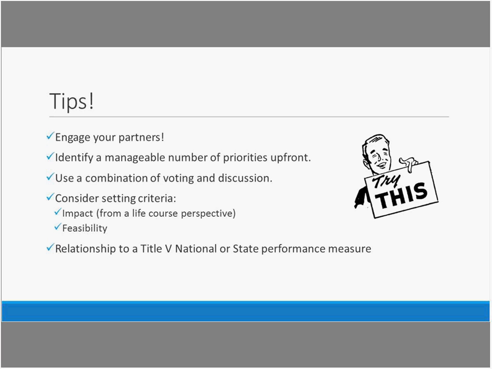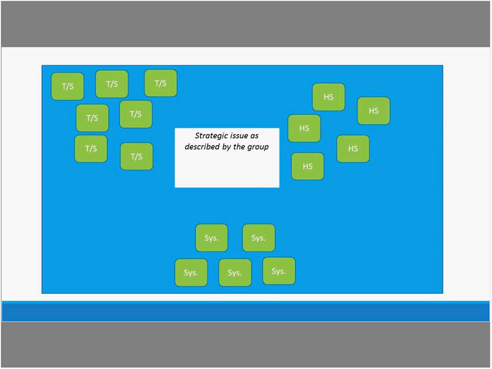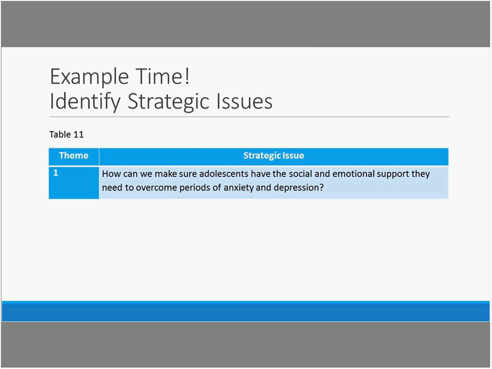So if you think back to the example of what a strategic issue might look like, there are a lot of specific performance measures that can fit under this sort of way of defining what a strategic issue is and prioritizing.